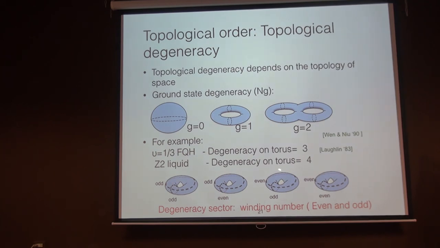For the torus, g equals 1. For example, the one-third filling fractional quantum Hall effect has a threefold degeneracy on the torus. And the Z2 spin liquid has a fourfold degeneracy on the torus, which can be distinguished by the even and odd winding number around the two cycles.